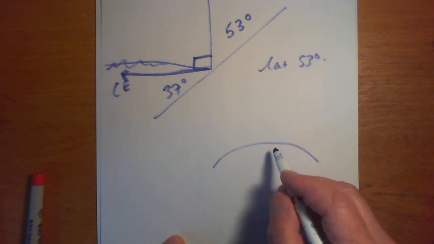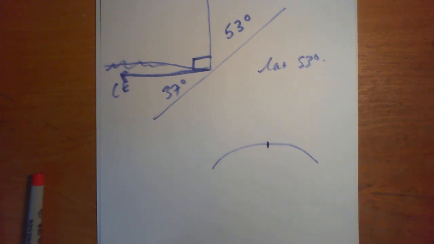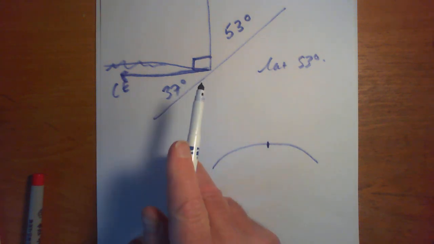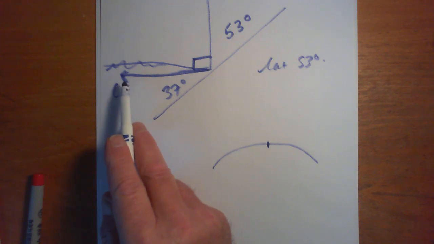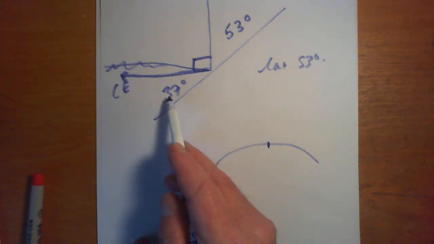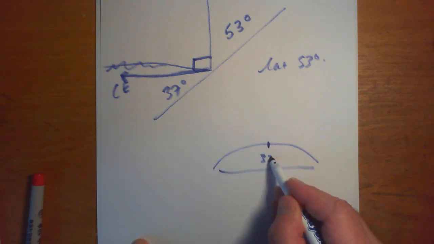And so what I'm really after is this point here, i.e. if the sun was on the celestial equator, it would be at its highest point at noon, and that's the point I'm talking about. I'm pointing here to the place where the celestial equator is at its highest, i.e. that's when it will have an altitude of 37 degrees.